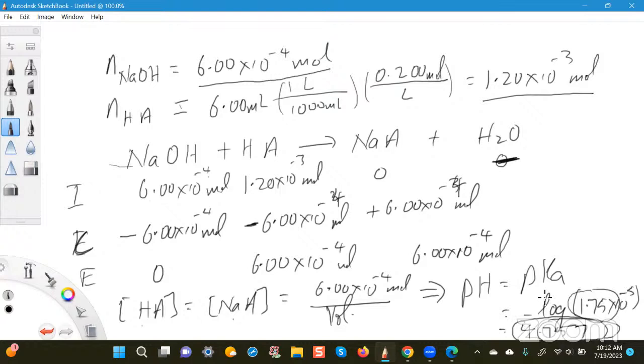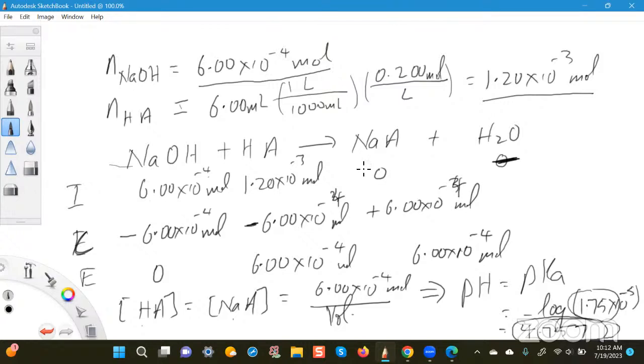This one is similar to what we did in the A part, because in both of these cases, the concentrations of the acetate and the acetic acid are the same. Remember, this is based on the Henderson-Hasselbalch equation.